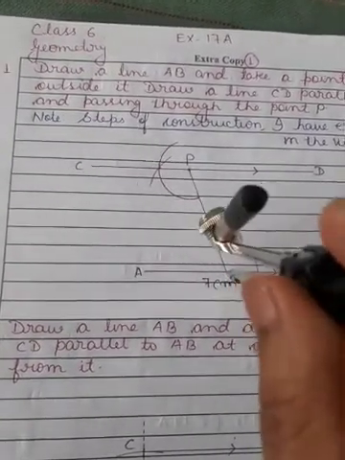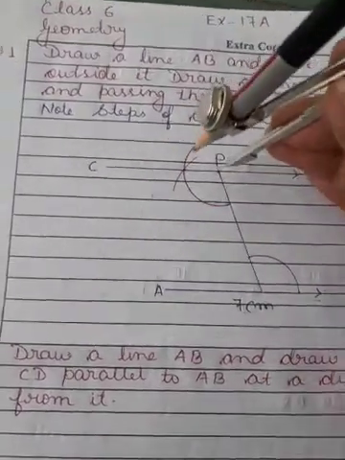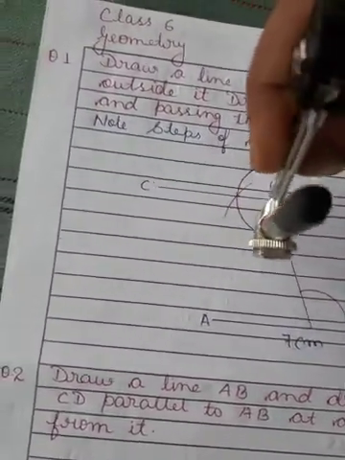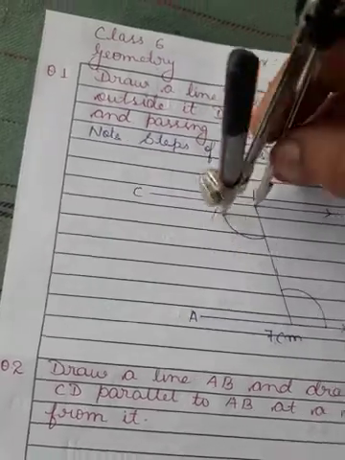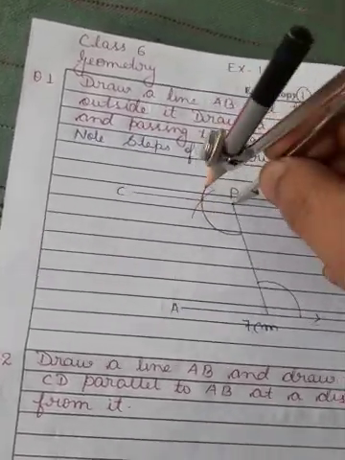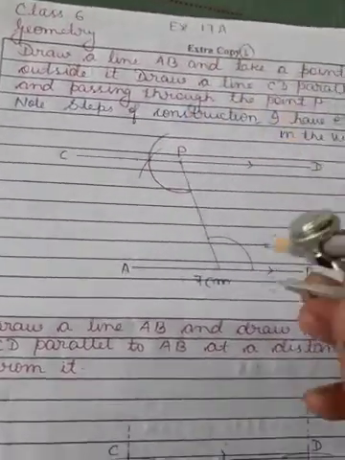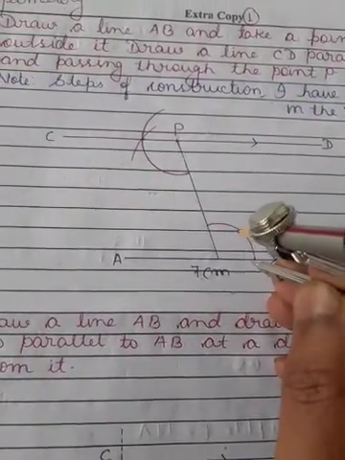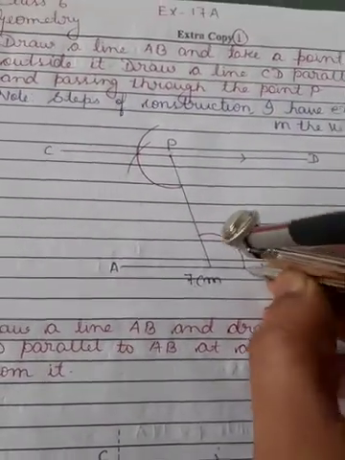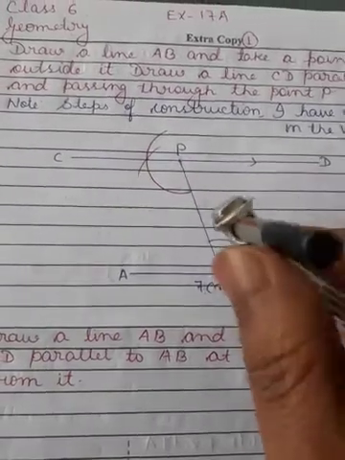Then put your compass here and draw the same arc, and remember, don't change the length. Then keep your compass here, and you can change this one.